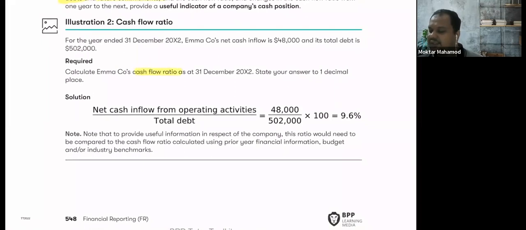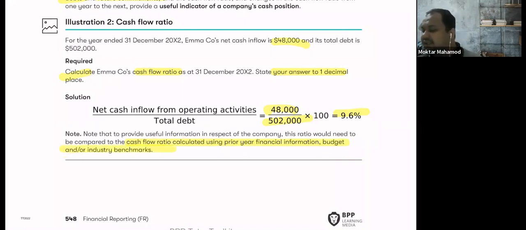Calculate AMA cash flow ratio. State your answer to 1 decimal place. So they have 48,000 cash flow, and then they have total debt of 502. So it will be 9.6% of the total debt. And of course, it is not that high, but that will be cash generated from the debts or financing activities. Okay, so again, it still needs comparison, industry benchmark.